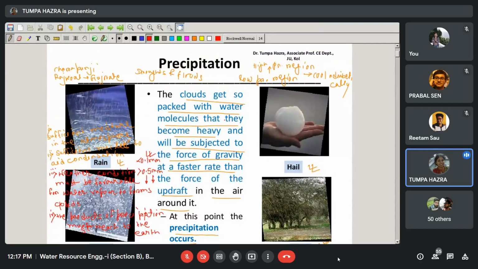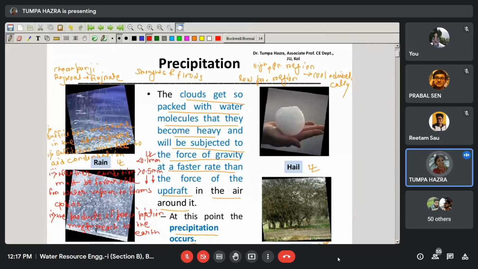But even if the cloud forms, the rain will not come to the atmosphere unless there are favorable conditions. I will discuss all the favorable conditions. Then maybe the rain particles will form, the water particles will form, but they will not reach the earth's surface. They will basically float in the atmosphere like mist.